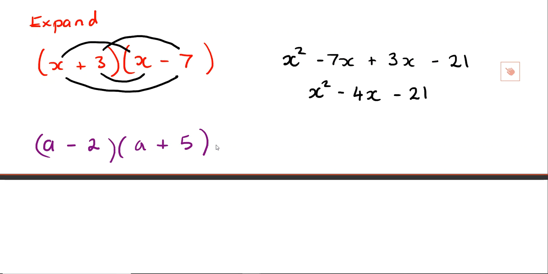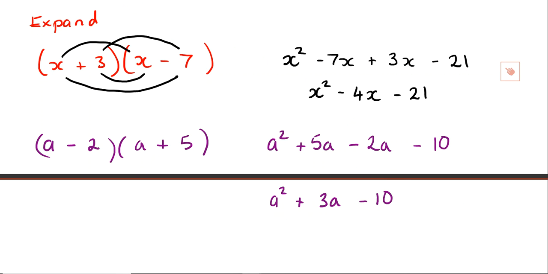Would anyone like to go straight to the answer? a squared plus 5a minus 2a minus 10. If we collect that together, we end up with a squared plus 3a minus 10.